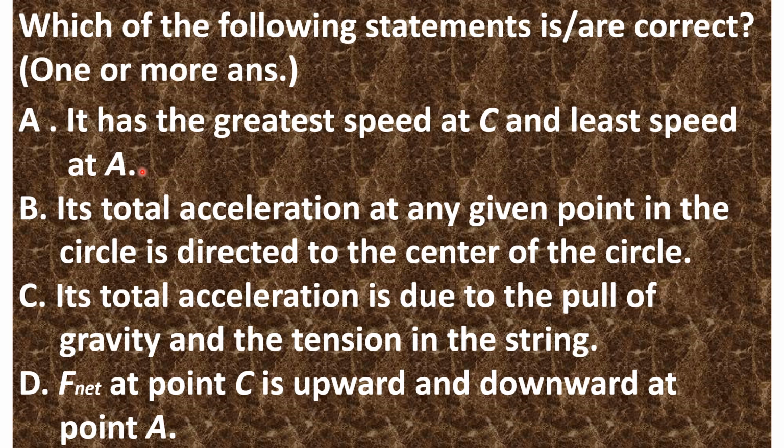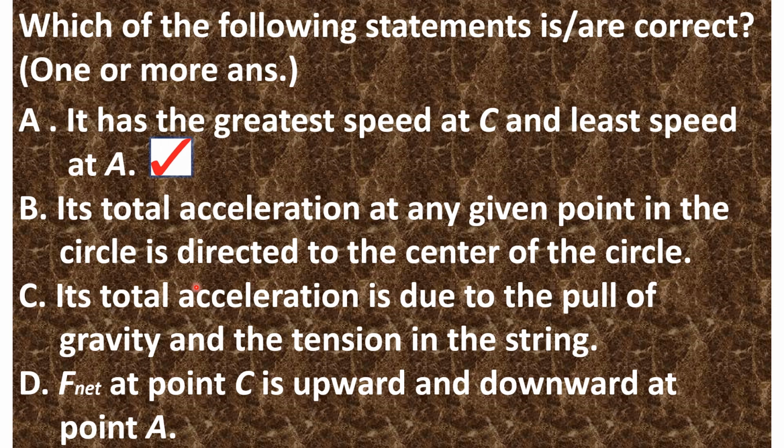For option letter A, it has the greatest speed at point C and least speed at point A. Recall that point C is the lowest point of the ball in the circular path, while point A is the topmost point in the circular path. And based on what we have discussed, this statement is considered correct.